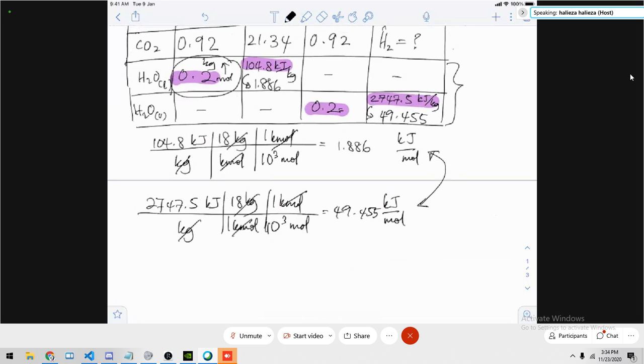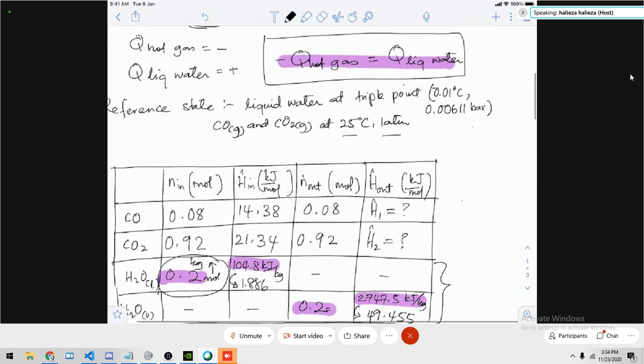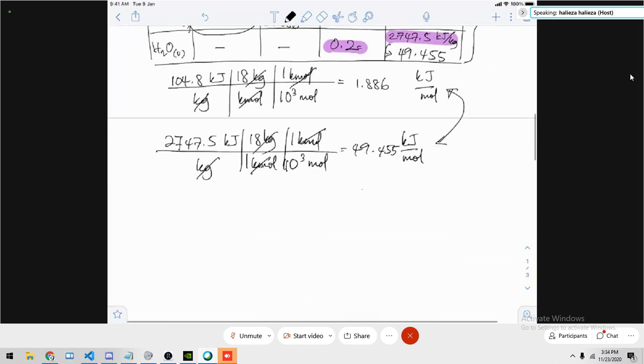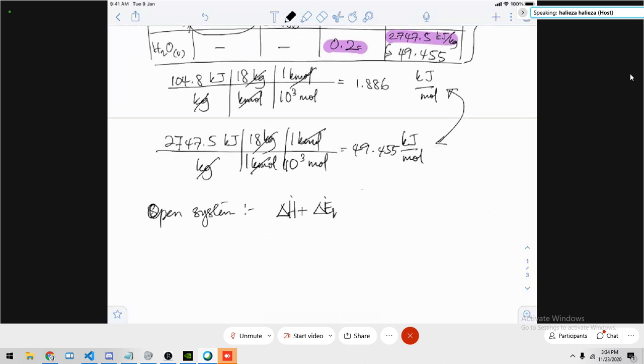So your energy equation just now, Q. Even if you use the open system equation, if you write that down, you will end up with the same thing: enthalpy change plus kinetic energy plus potential energy equals heat plus shaft work. You're not going to have any shaft work, any potential energy, or any kinetic energy.